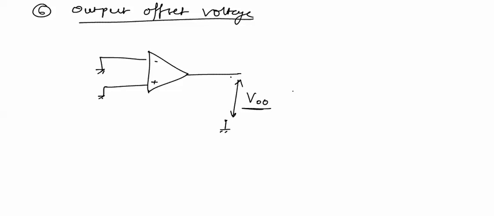Output offset voltage can be due to input offset voltage. If there exists any input offset voltage, then output offset voltage can be calculated as AOL into VIO. This is output offset voltage.